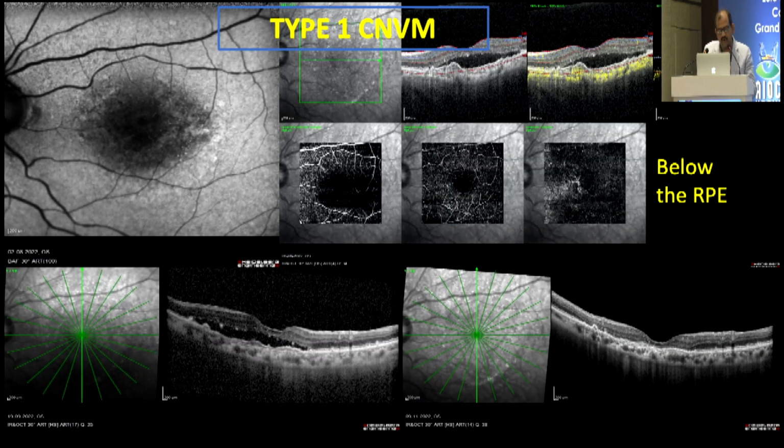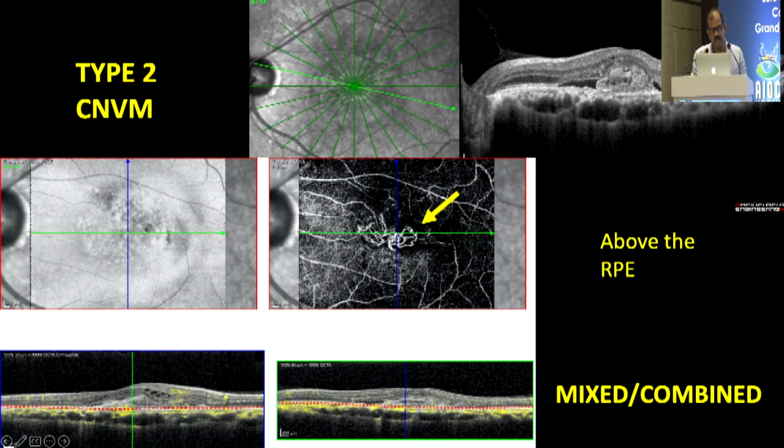This is type 1 CNVM, where you see the membrane below the RPE. This is type 2 CNVM, where you see the membrane lying above the RPE. The membranes can also be combined or mixed, which means type 2 can be combined with type 1.